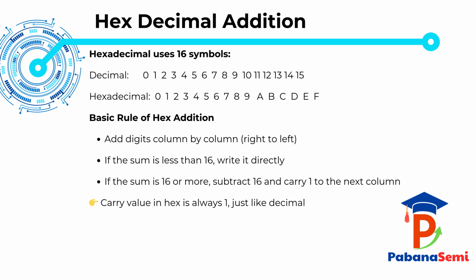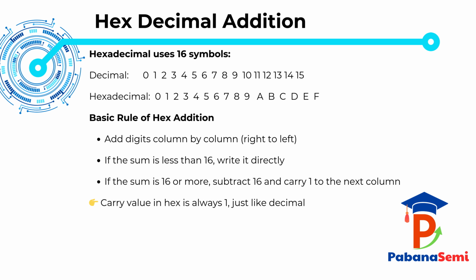Now let's examine the fundamental rule for hexadecimal addition. We always add digits column by column, starting from the rightmost digit, just like decimal addition. If the sum of two hex digits is less than 16, we simply write the result directly in hexadecimal.